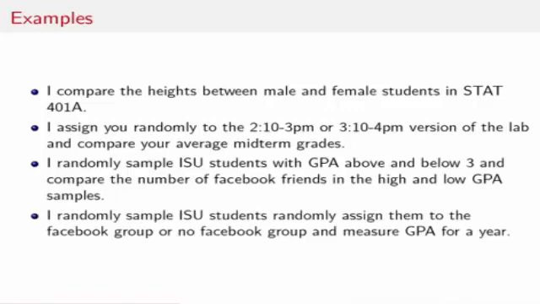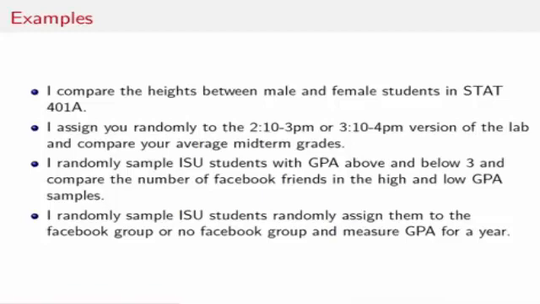If instead I randomly select individual students from Iowa State, and then I also randomly assign them to one of two groups. Here's a group that's allowed to use Facebook, and here's a different group that's not allowed to use Facebook, and I measure their GPA at the end of the year. Well, now I can make some causal statements about whether being allowed access to Facebook or not has any impact on the average GPA.